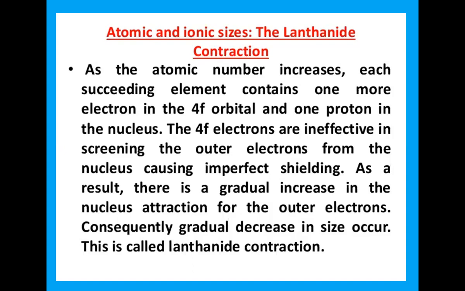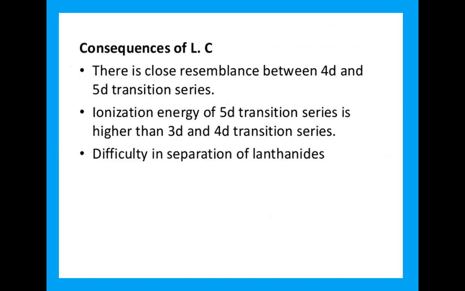The imperfect shielding effect caused by 4f electrons leads to an increase in nuclear charge, thereby attracting outer electrons towards the nucleus. Consequently, there is a gradual decrease in their size, which is called lanthanide contraction.